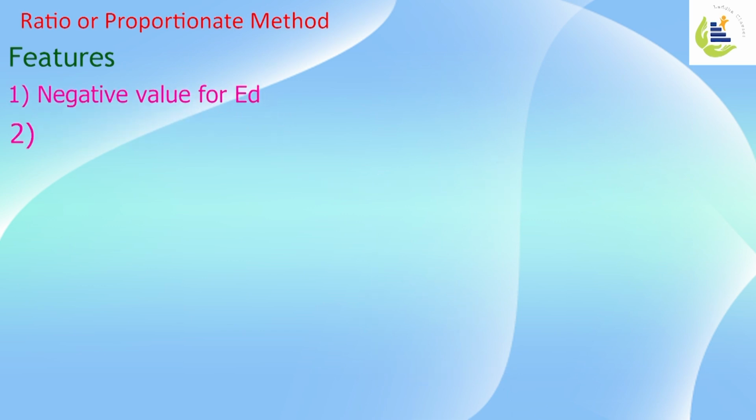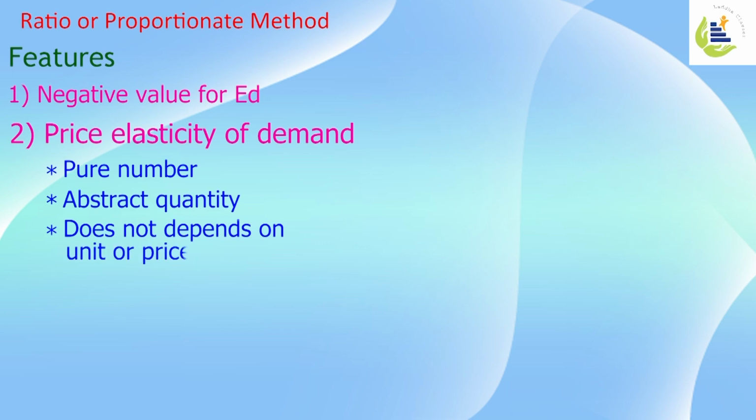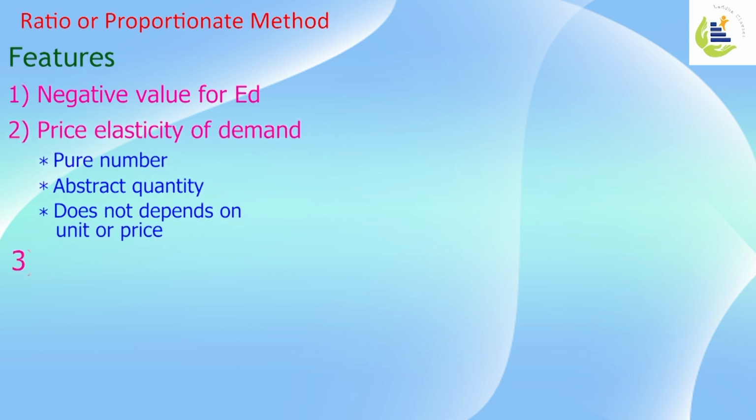Second important point is that this price elasticity of demand is a pure number. It's an abstract quantity. It does not depend on units of price. Third, price is a driver for the demand.